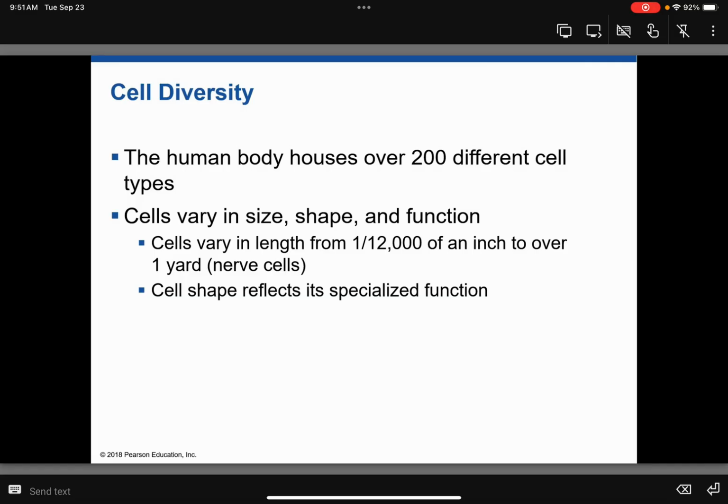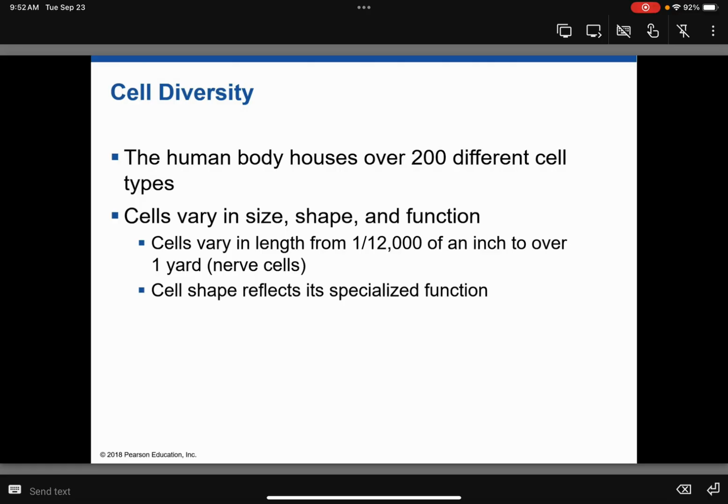And as we talked about in the last chapter, when we talk about anatomy and physiology, the structure is going to determine the function of the different parts of the body. And that is true when it comes to cells as well. So cells have a specific shape, and that ensures that they can do a specific function, like the nerve cells.